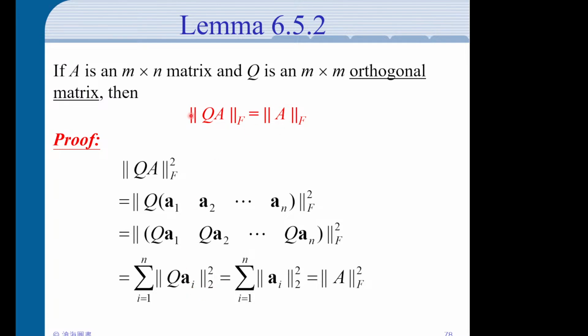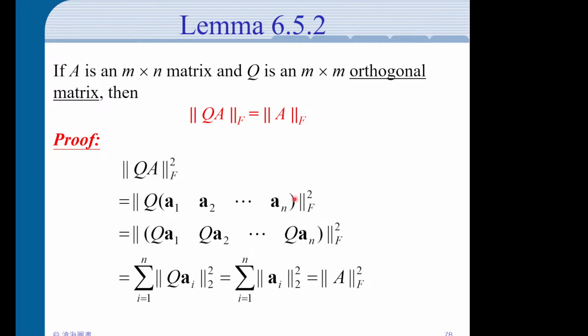Remember the Frobenius norm of a matrix is the norm squared of every element, then taking the square root. Here we first prove the property of the Frobenius norm that if you multiply a matrix by an orthogonal matrix, then its Frobenius norm doesn't change.